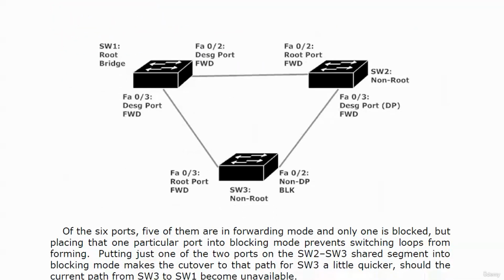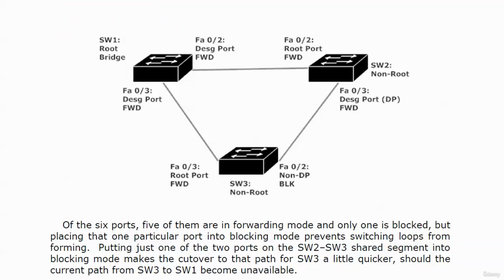Sorry for the white space, but the diagram's pretty big here. And this is what we end up with in that scenario. We have one lone non-designated port down there on switch 3 that's in blocking mode. Now, of the 6 ports, 5 of them are in forwarding mode. Only one of them is blocked, but placing that one particular port into blocking mode is going to prevent switching loops from forming.